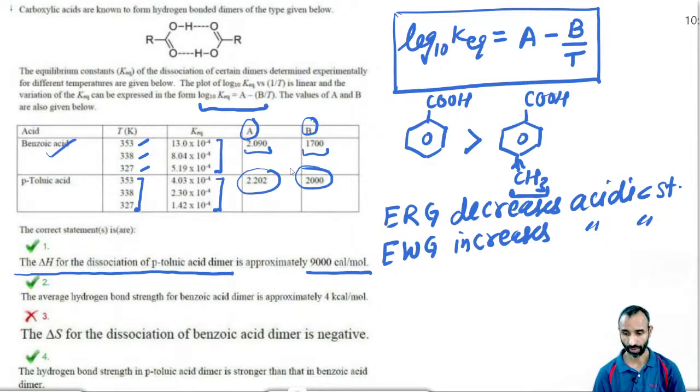We have to determine which options are correct. Already it is given that the first, second and fourth options are correct.